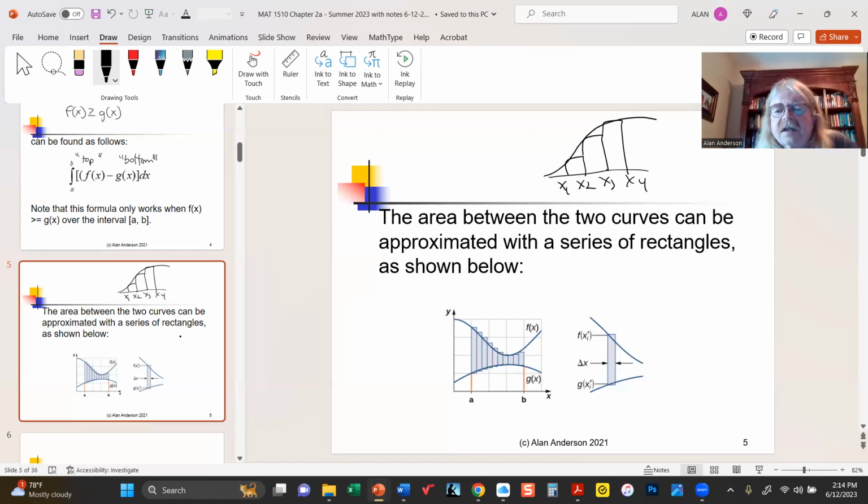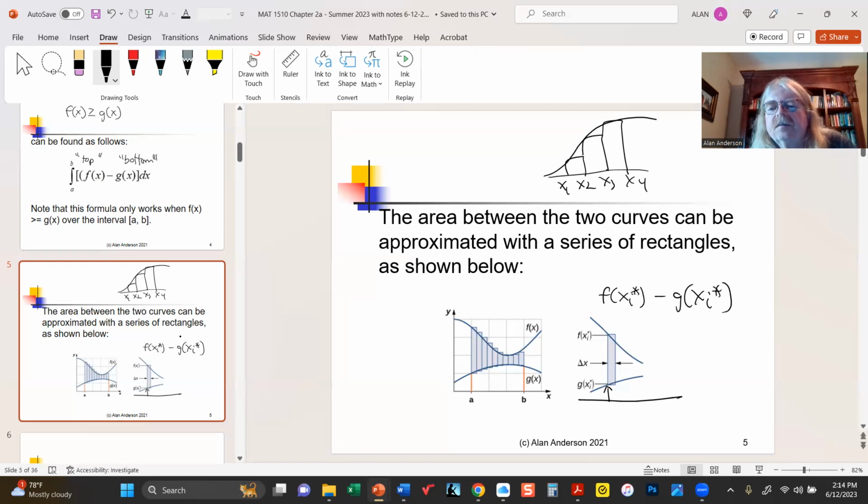And in this particular case, as you can see in the bottom, the height, depending on whether you've chosen the left or the right endpoint, is going to be the difference between the two, f of x i star relative to the horizontal axis, that is.